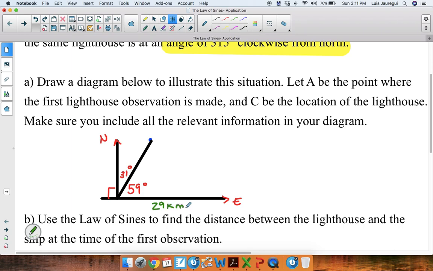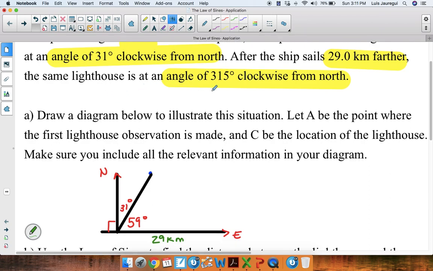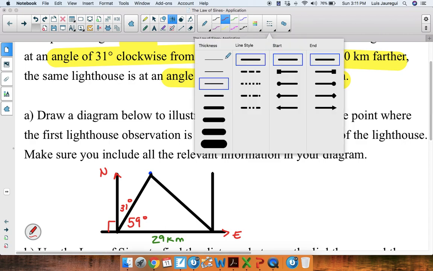And then after 29 kilometers, they saw the same lighthouse at an angle of 315 degrees clockwise from north. So there's another observation, done somewhere along the pathway here after 29 kilometers. Now, based on this information, the angle was 315 degrees clockwise from north. So we can already picture what's going on here.